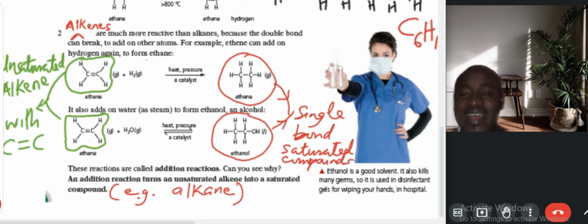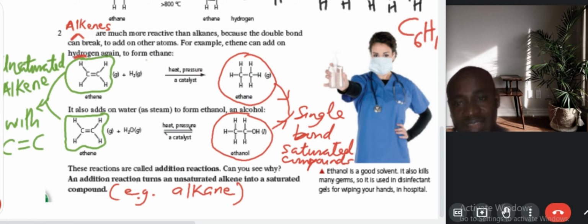Usually when alkenes undergo addition reaction, they form saturated products. For instance, ethene, which is an unsaturated alkene, combining with hydrogen in the presence of heat, pressure, and a catalyst, will form ethane, which is saturated because it has a carbon-carbon single bond.